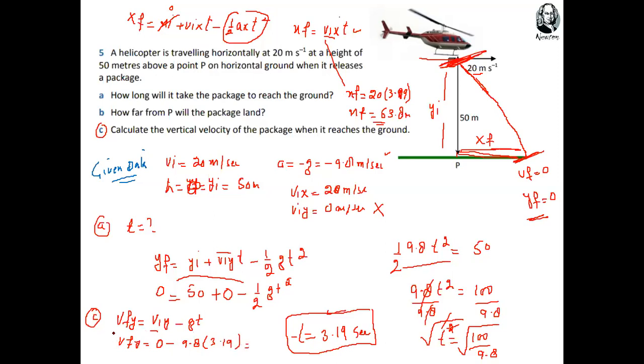Multiply these and this will give you your final velocity. Clear? Viy is 0, so just minus gt. So the final velocity direction is negative, correct?